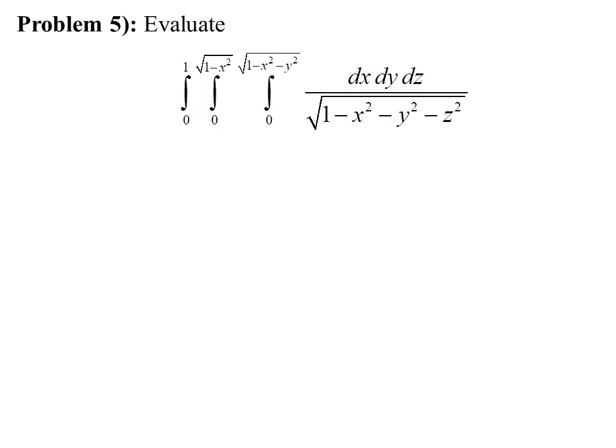Now I am going to elaborate the last problem of this type, where limits have given and we have to evaluate the triple integration. So this is our problem number 5. Evaluate integration 0 to 1, integration 0 to square root of 1 minus x square, integration 0 to square root of 1 minus x square minus y square of 1 upon square root of 1 minus x square minus y square minus z square into dx dy dz.